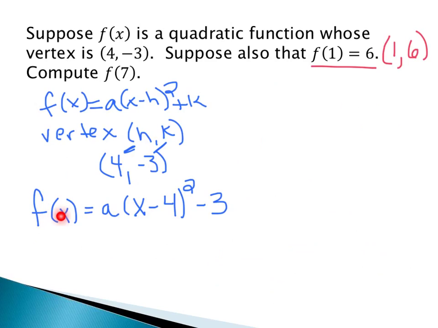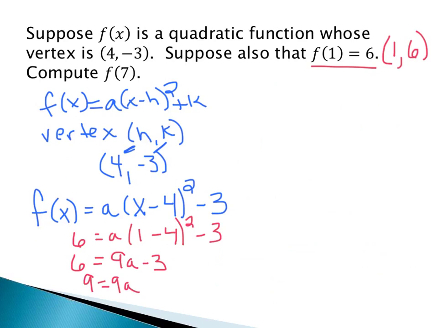So 6 equals a times 1 minus 4, quantity squared, minus 3, and 1 minus 4 is negative 3, negative 3 squared is 9, so that gives you 9a minus 3. Add 3 to both sides, divide both sides by 9, and you get a is 1. So that gives us this a.